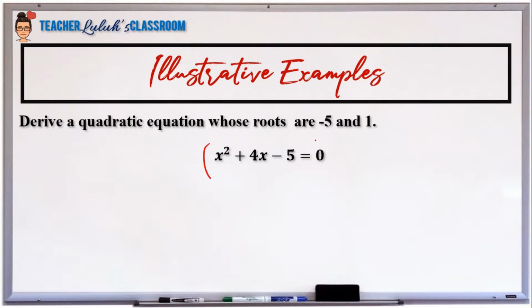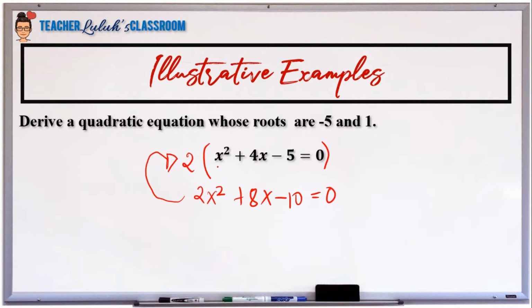But if we would like to explore more about this, if I have this equation and then multiply it by 2, for example, I will obtain 2x squared plus 8x minus 10 equals 0. And this equation is another quadratic equation. If we will find its roots, all we have to do is factor out 2, and then factor x squared plus 4x minus 5, and we know that it will lead us to the roots negative 5 and 1.